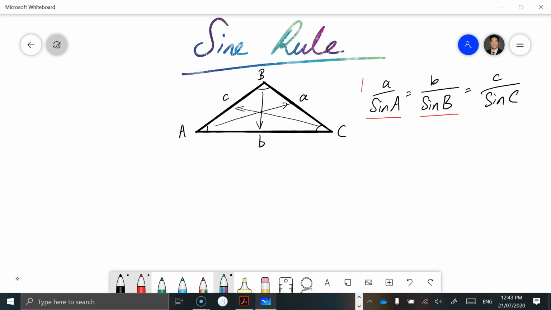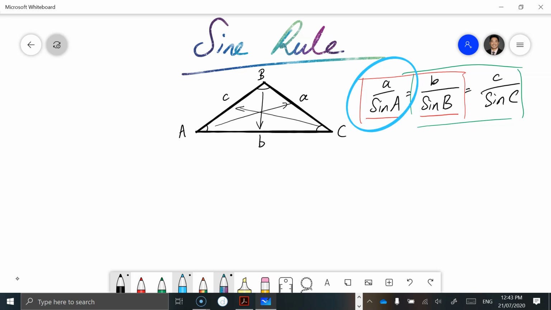So we could say that a over sine A is equal to b over sine B, or we could say that b over sine B is equal to c over sine C. In addition to that, we could also say that a over sine A is equal to c over sine C. Okay, as those kind of three options. And it'll make sense to you when we have some examples to work with.